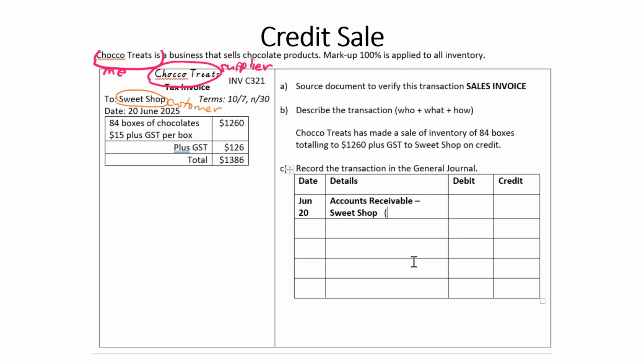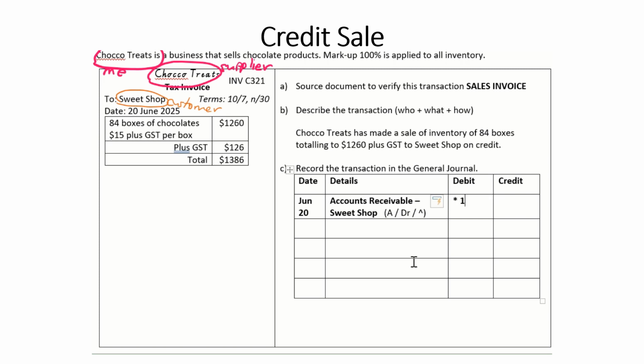The analysis would be an accounts receivable is an asset because we're expecting to receive an inflow of cash in the future. So this is an asset, debit nature, and here we can see that our accounts receivable owes us more, and it increases on the debit side.